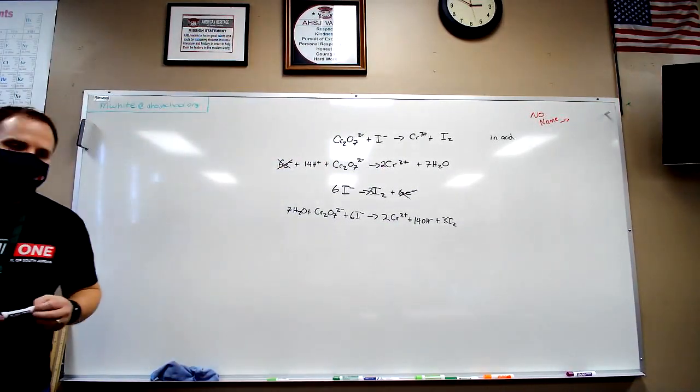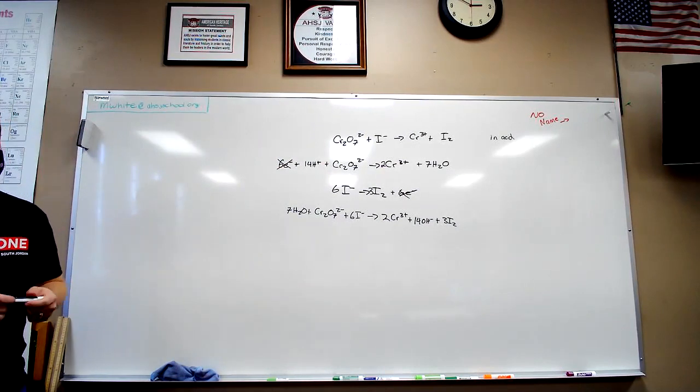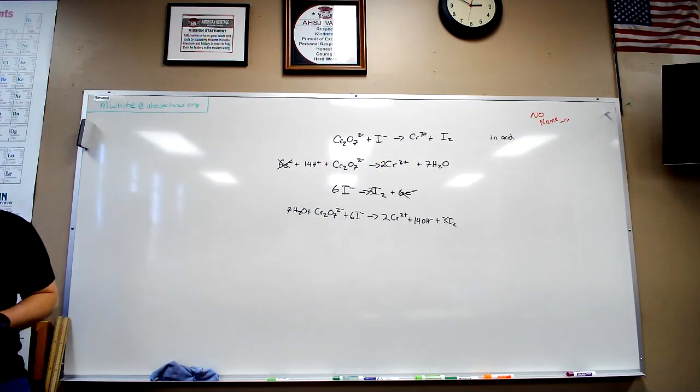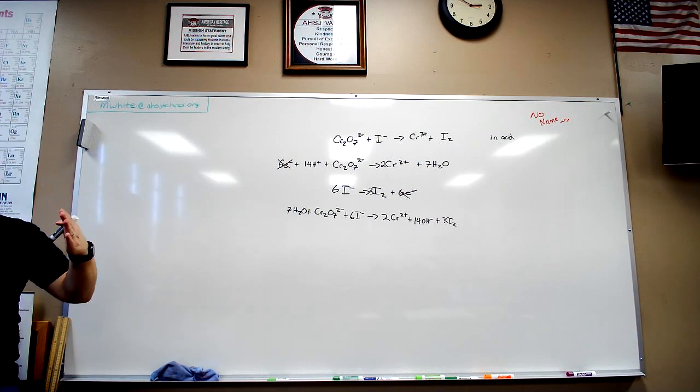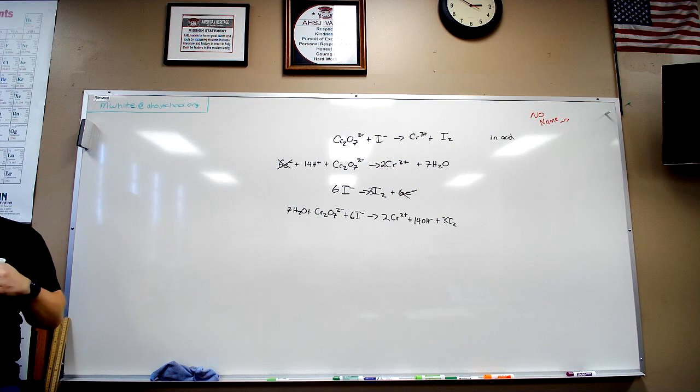So anyway, this entire section was just about balancing equations. We've got the oxidation number method, where we take the difference between the oxidation and the reduction, the total magnitude, equal those, finish the rest.